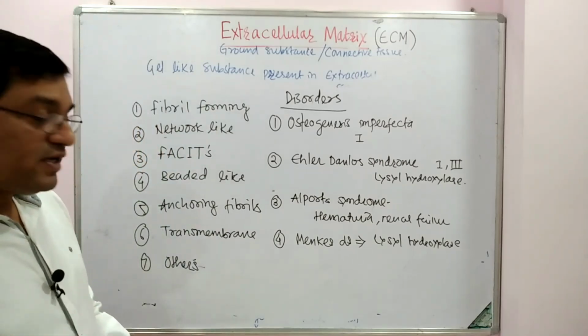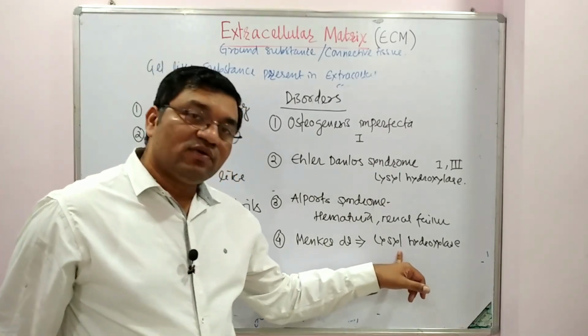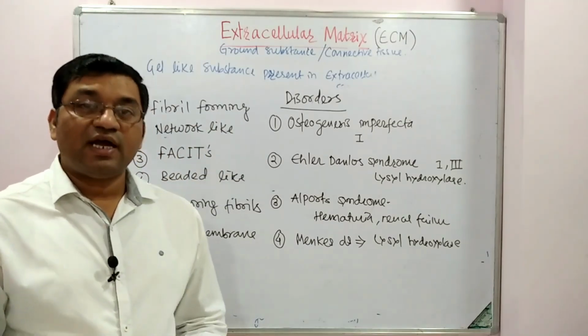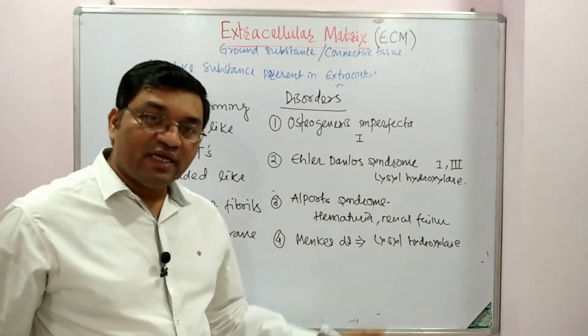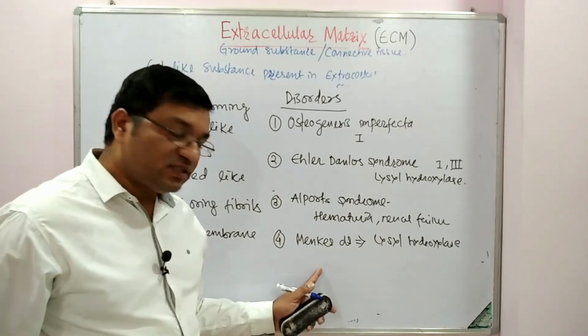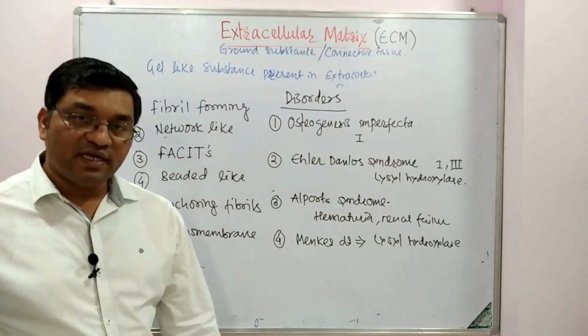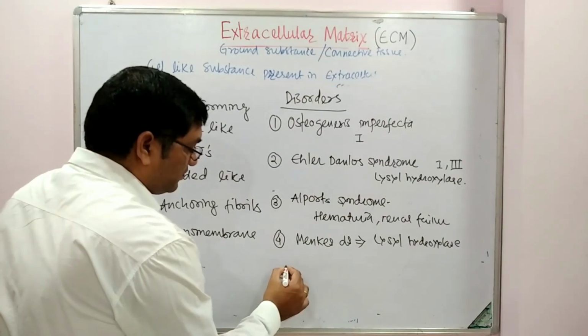Due to copper deficiency, there is deficiency of lysyl hydroxylase, which results in kinky hair, skeletal deformities and neurodegeneration in Menkes disease.